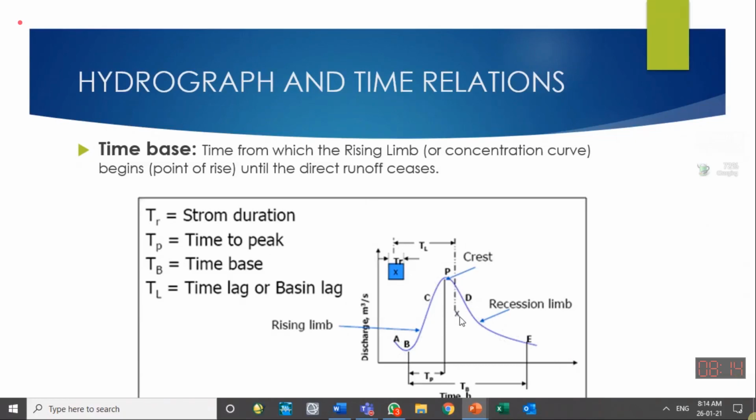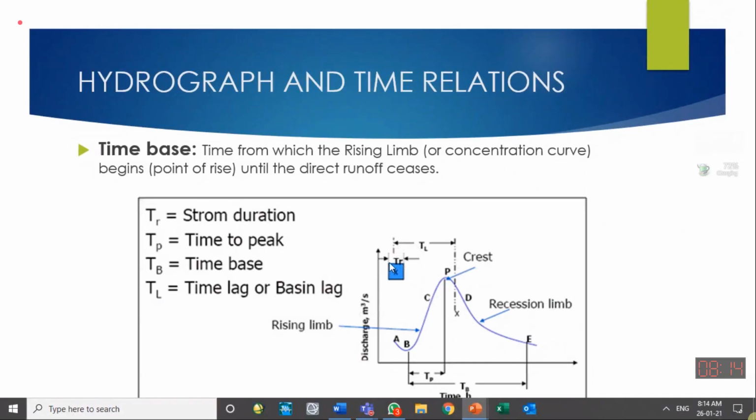But to make it general, X is a point which is the center of the direct runoff hydrograph. It means if we divide the volume of this direct runoff hydrograph, half will be on the left and half on the right. So lag time is the time difference between the center of the storm and the center of the hydrograph.